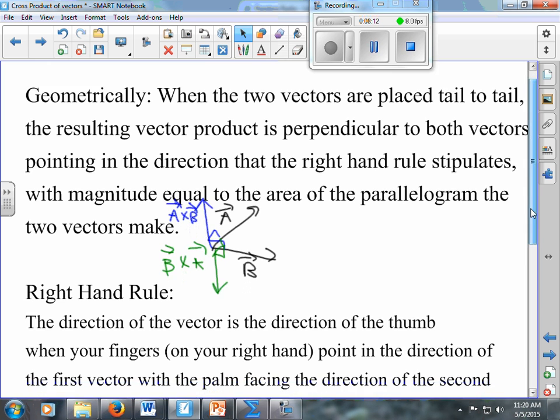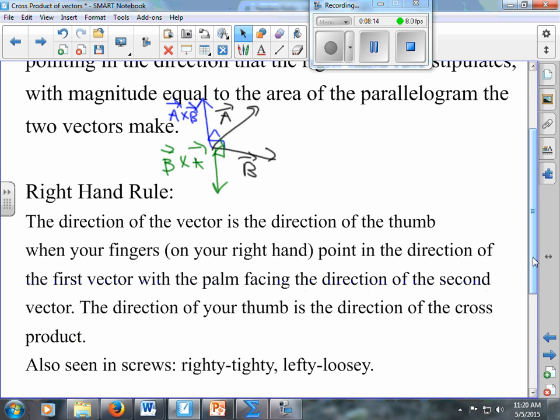Here's how you determine which direction you point in. This is really something that you have to see in person, so I'm going to do my best. You take your right hand, and you point your fingers in the direction of your first vector, so that would be in the direction of A. And then the palm faces the direction of the second vector. So my fingers should be pointing here, and then my palm should be facing B. Now the answer is to look at your thumb.